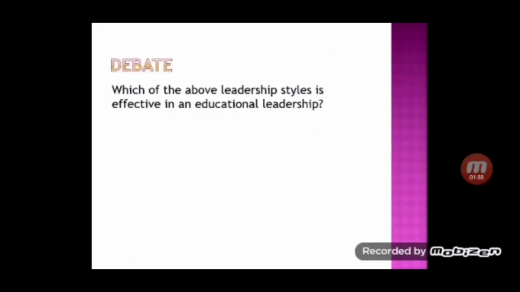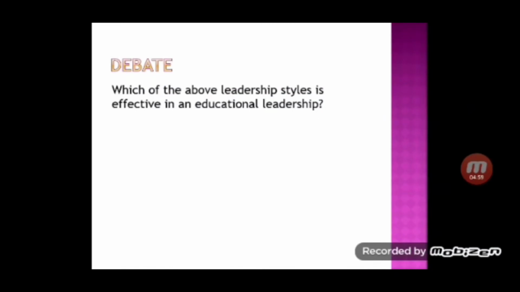All right, so here's a little debate. Which of the following leadership styles that you have known just now is the most effective in educational leadership?